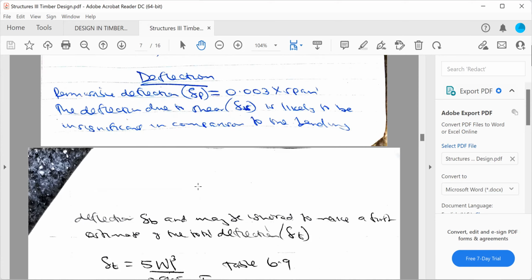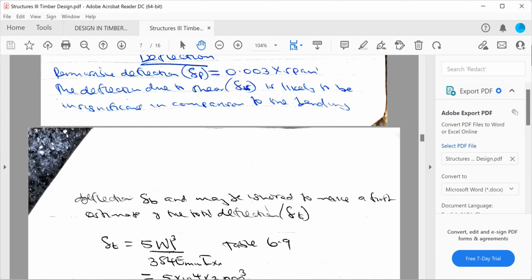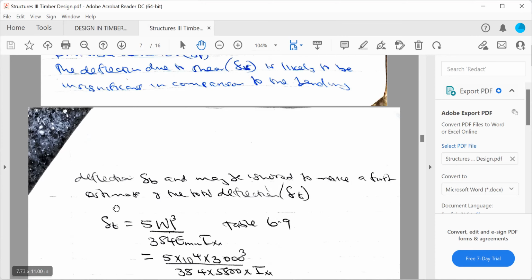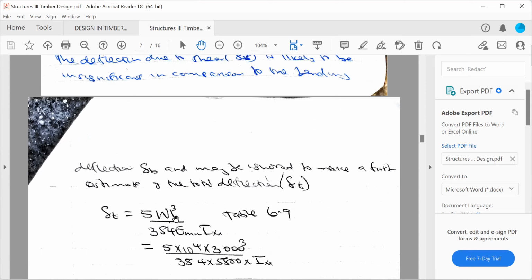So in our first attempt, we are going to ignore the shear deflection and assume that the total deflection is a result of the bending deflection. Remember, this formula here is for bending deflection.